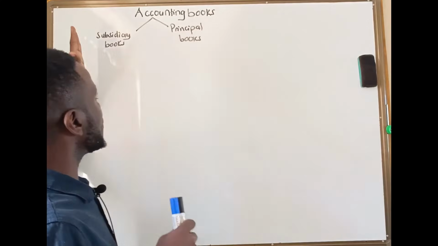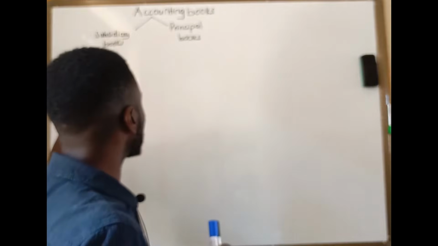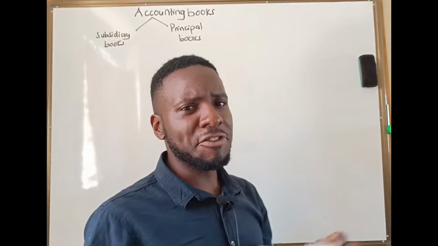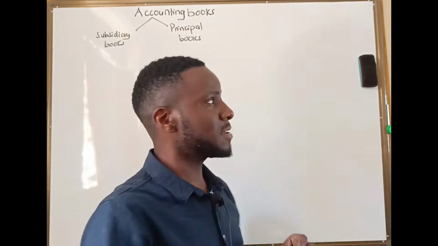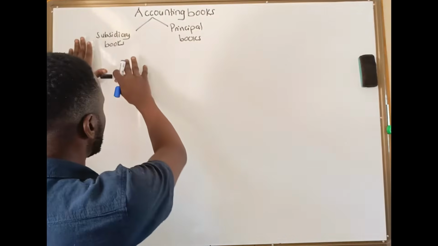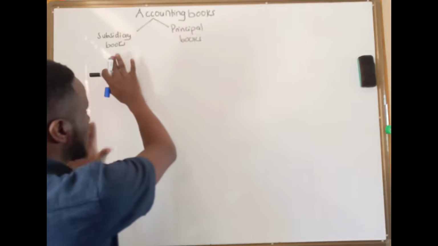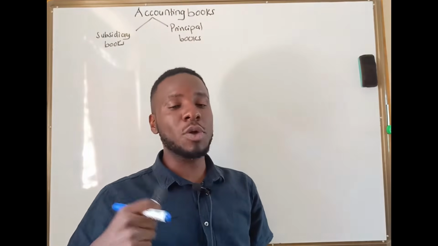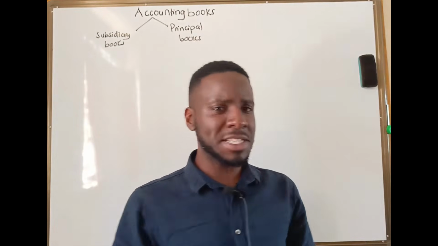After recording it in the subsidiary books, we shall transfer the transactions or that information to the principal books. The difference between the two is that the subsidiary books do not follow the double entry rule or system.